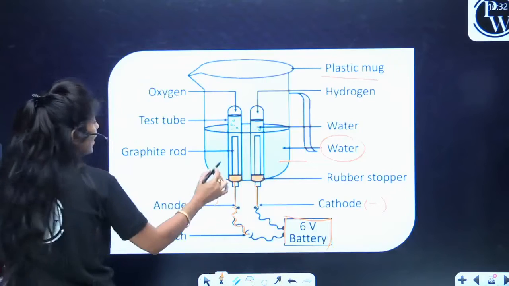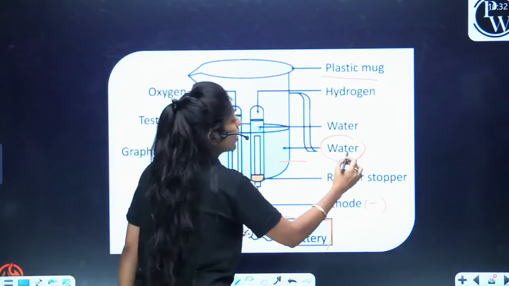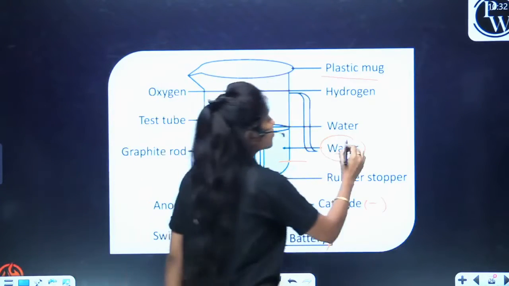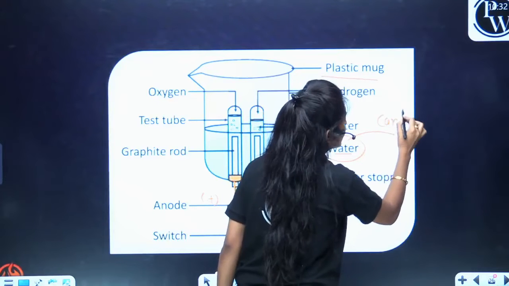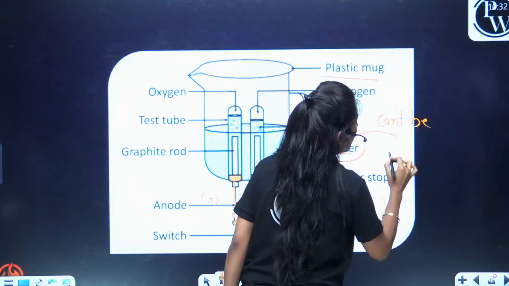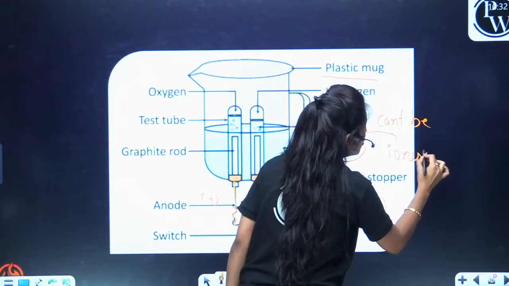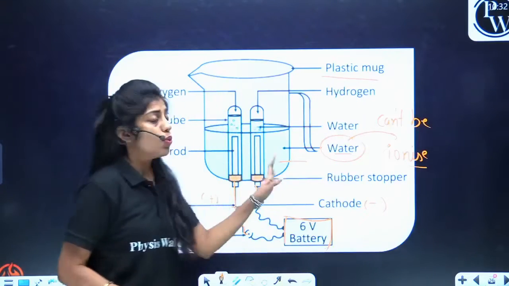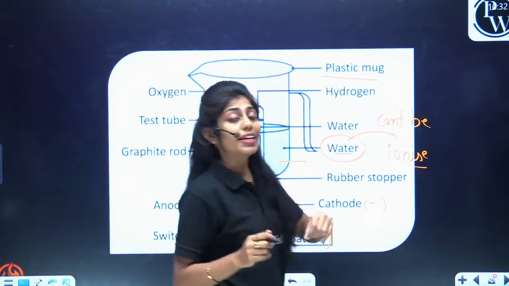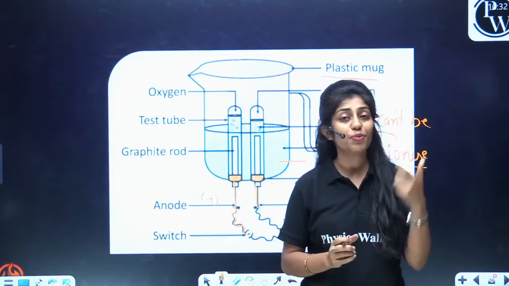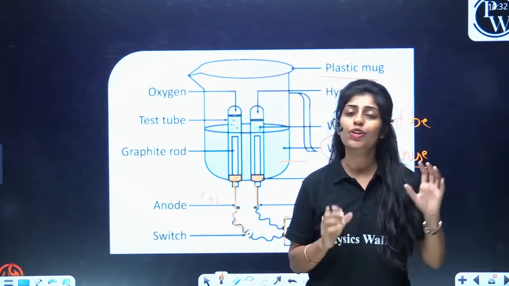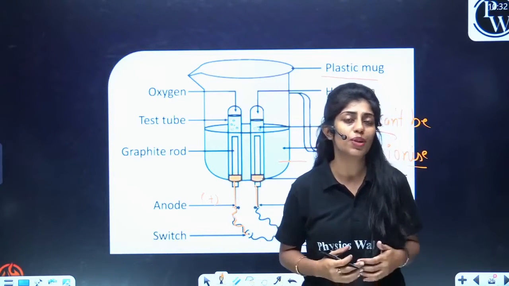Now see, in this mug we have water, but water cannot be ionized. So how can we ionize it? Water not ionizing means it cannot be broken down into ions. If it cannot break down into ions, how will this electrolysis take place?